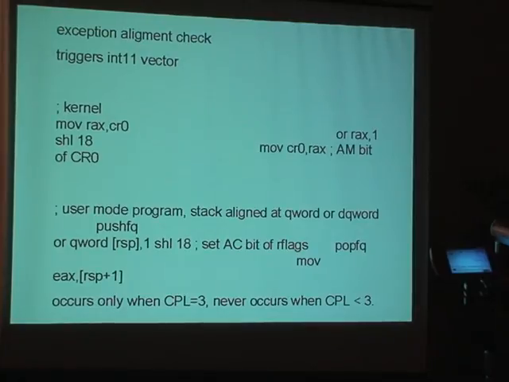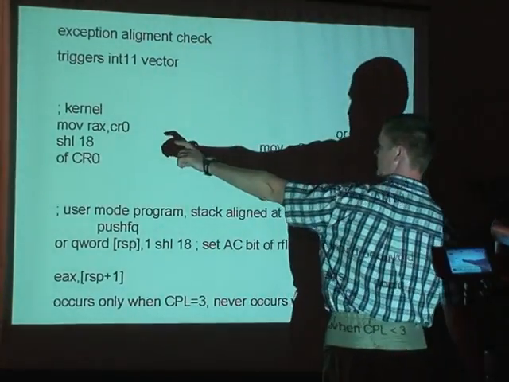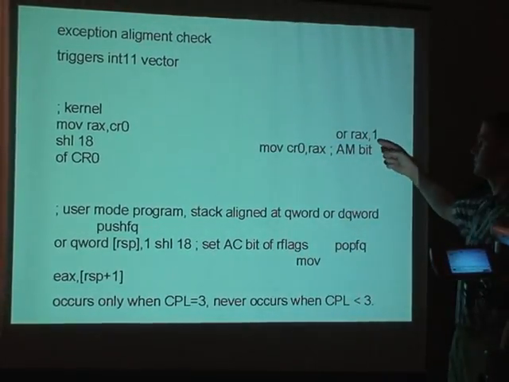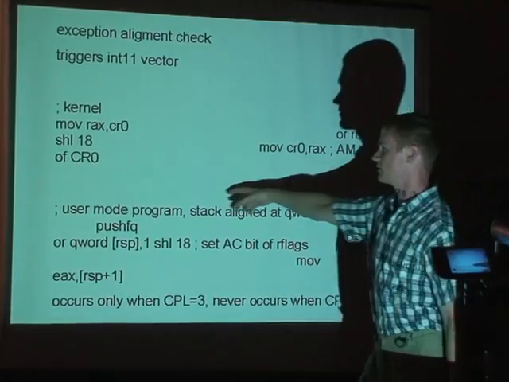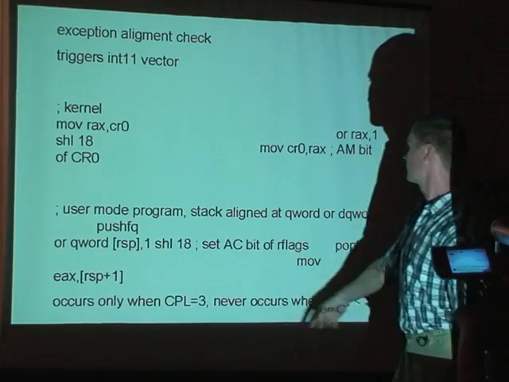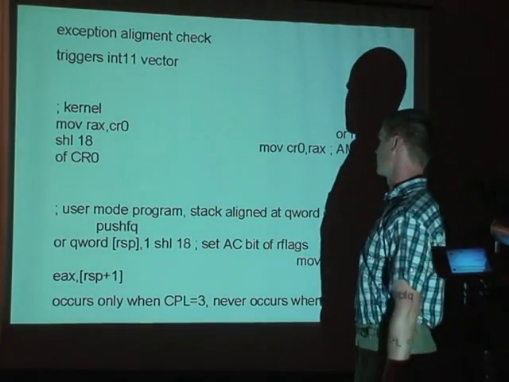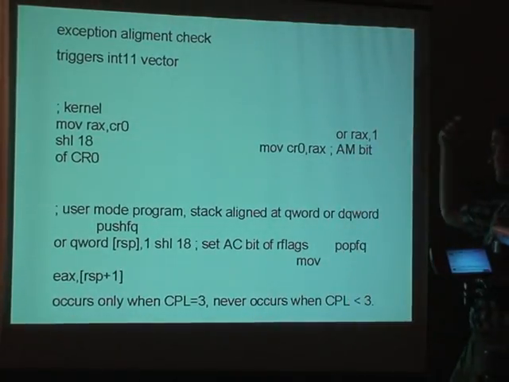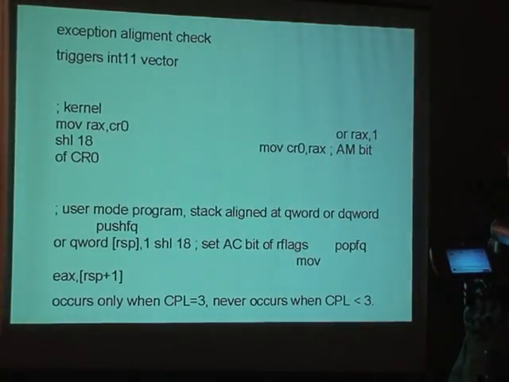So the first instruction is to save control 0 register into RAX, then to turn on the bit 18, to write this AM bit into control register 0. After this, in kernel, we can make a jump to a user mode program.